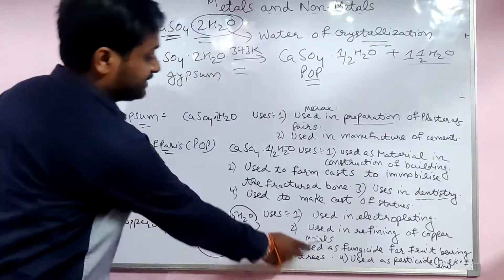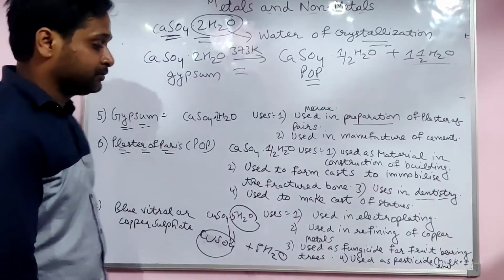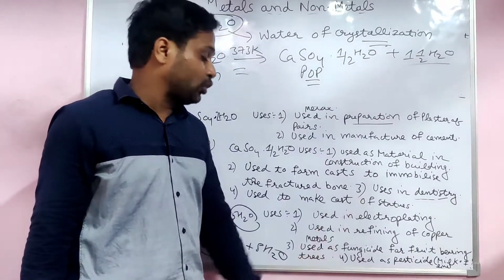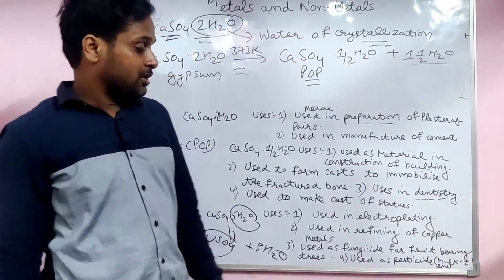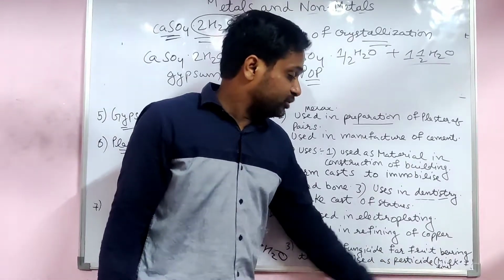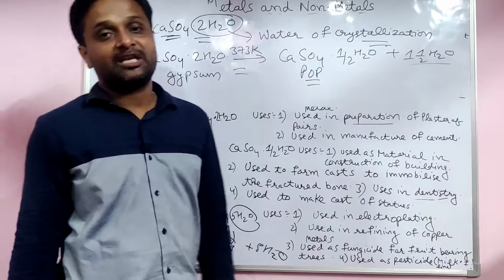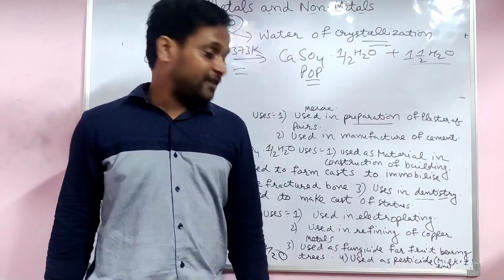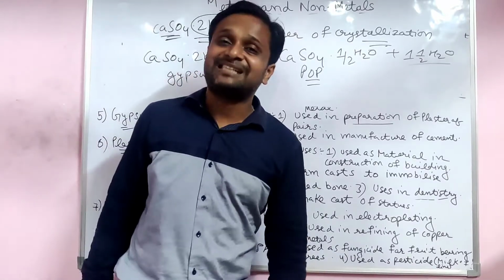Used in the refining of copper and also as a fungicide for fruit-bearing trees, to kill the fungus. Used as a pesticide also when you add it with milk of lime.